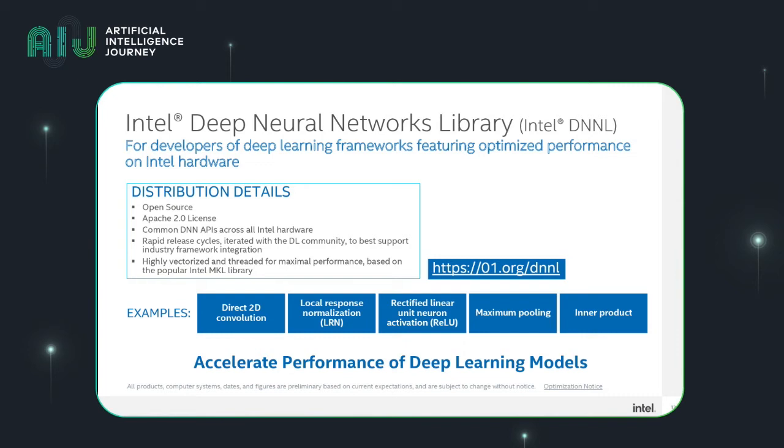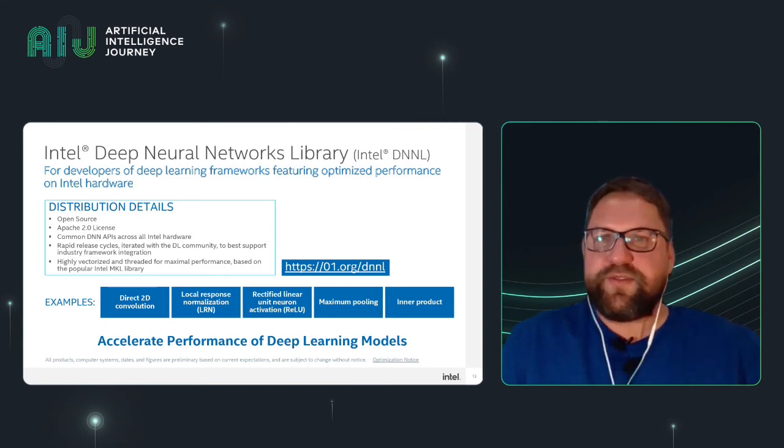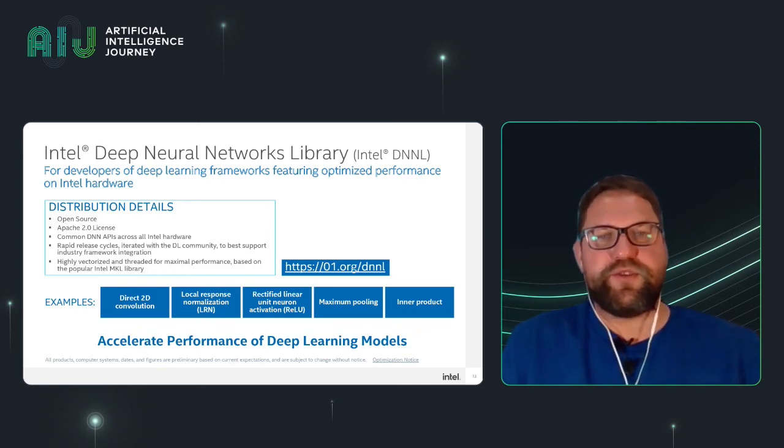Intel oneDNN is to accelerate neural networks, and it's under all optimized frameworks which are launched on the CPU. Whatever framework you take, if you launch it on the CPU, oneDNN will be used there.